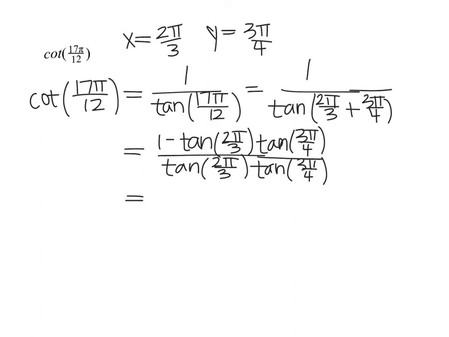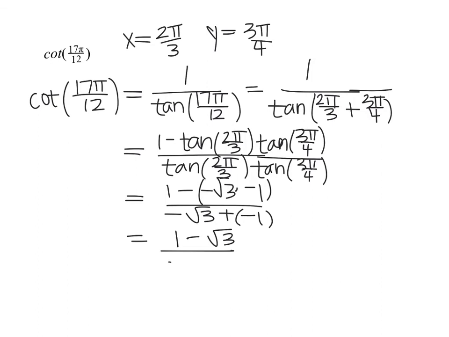And we just found all of these values, so we get 1 minus negative radical 3 times -1 all over negative radical 3 plus a -1, which becomes 1 minus radical 3 all over negative radical 3 minus 1. Also, you could have recognized that because cotangent is the reciprocal of tangent, the value of cotangent of 17 pi over 12 is just the reciprocal of tangent of 17 pi over 12. So 1 minus radical 3 all over negative radical 3 minus 1 is the reciprocal of negative radical 3 minus 1 over 1 minus radical 3.